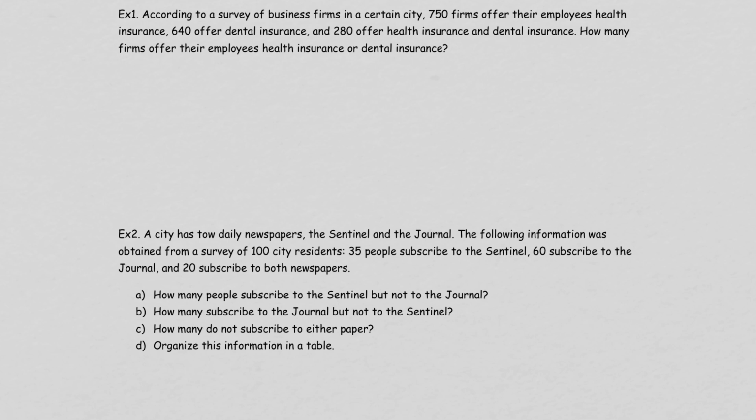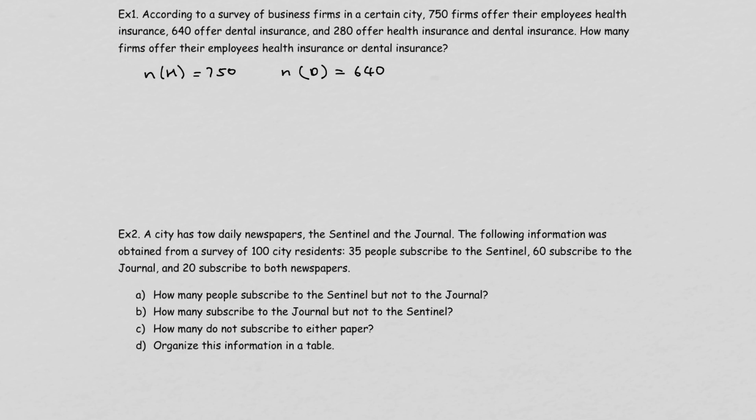Let me write it. What information is given? The first information is the number of health insurance by itself was 750. And then the number of dental insurance itself was 640.